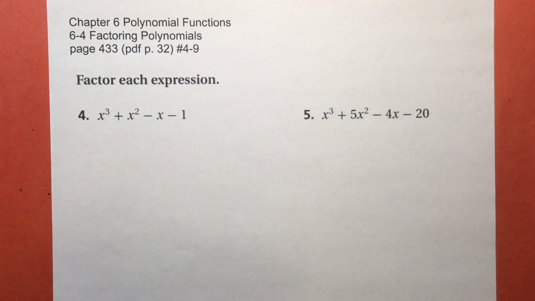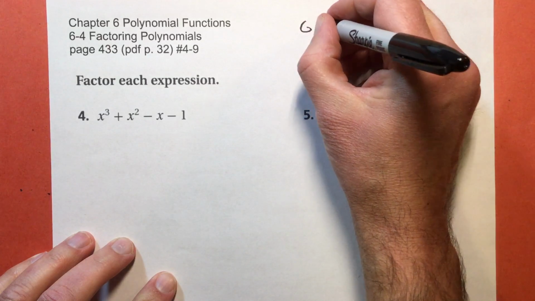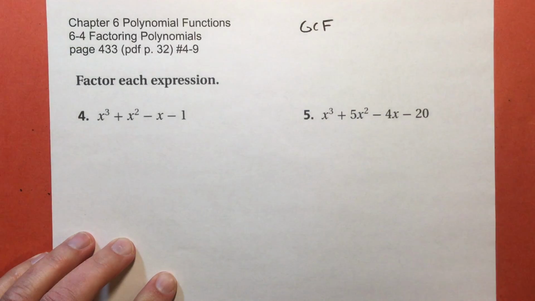If you want to do it with the parentheses and reverse distribution, you go for it. I'm going to use the multiplication chart. I want to make a couple of reminders to myself. Always check if there is a greatest common factor.